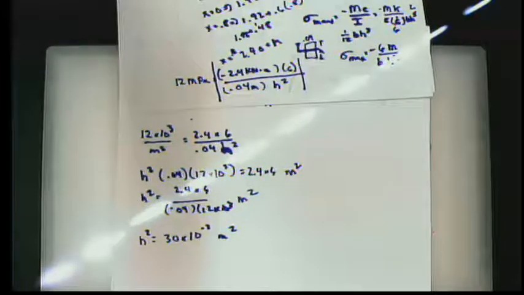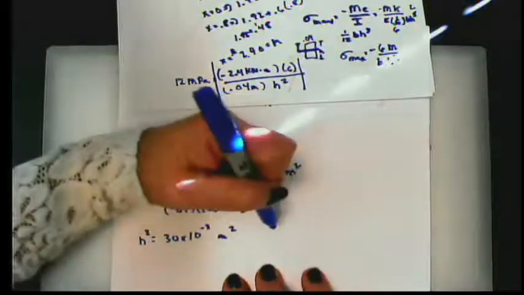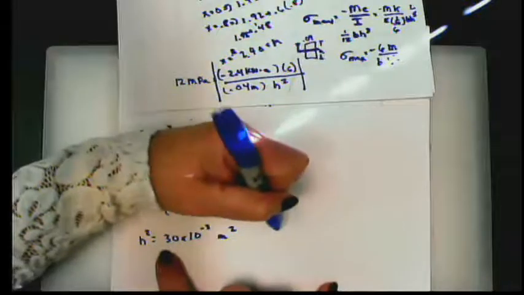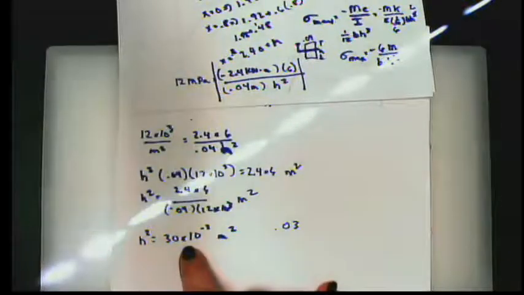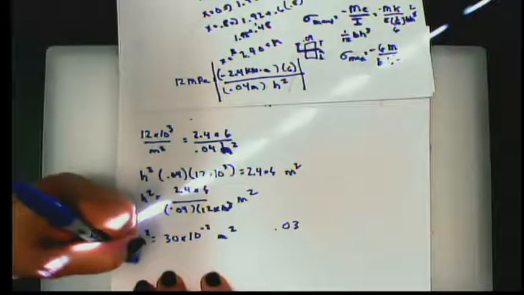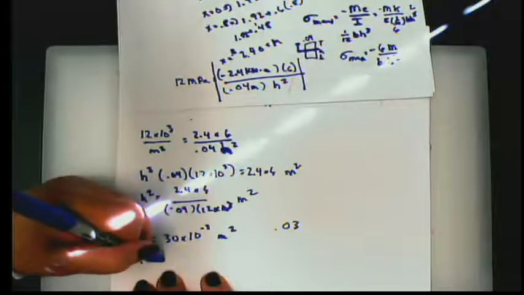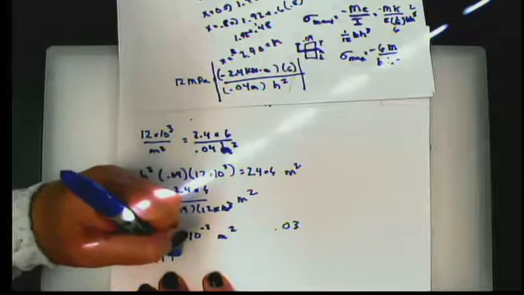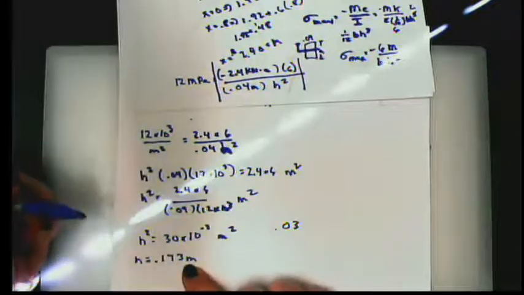And do I actually have a square root? I do on my little calculator. Let me do this. 30 times 10 to the minus 3rd is 0.03, right? So if I take 0.03 and take the square root of that number, I get a height of 0.173 meters.